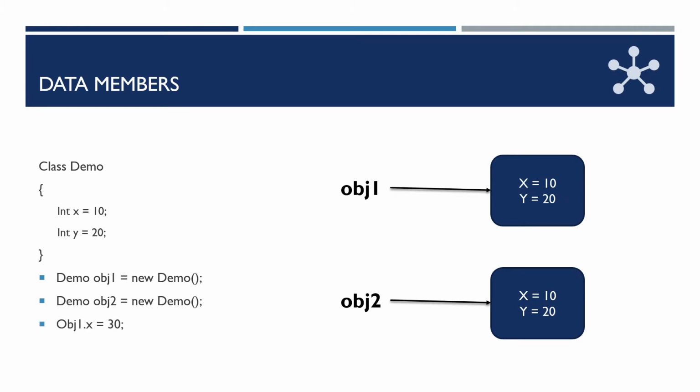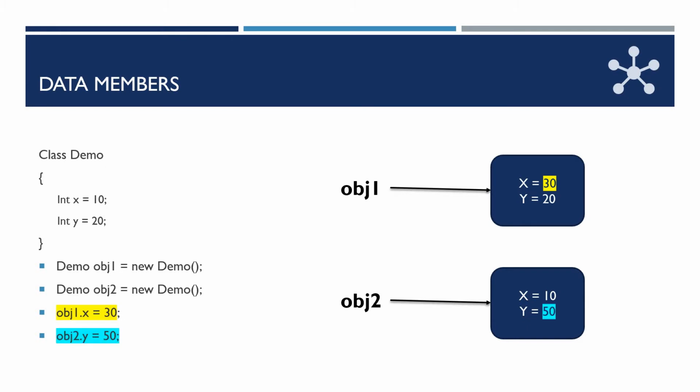So obj1.x equal to 30, I'm modifying obj1.x, and the first memory location x value will be modified. And obj2.y equal to 50. In this case I'm modifying the y value inside obj2, so the second memory location y will be modified.